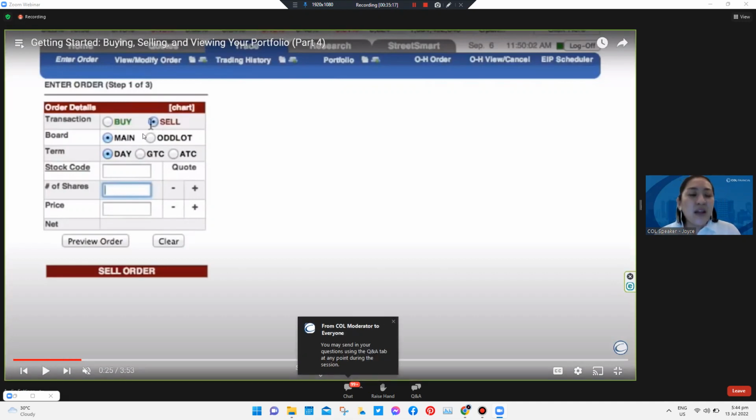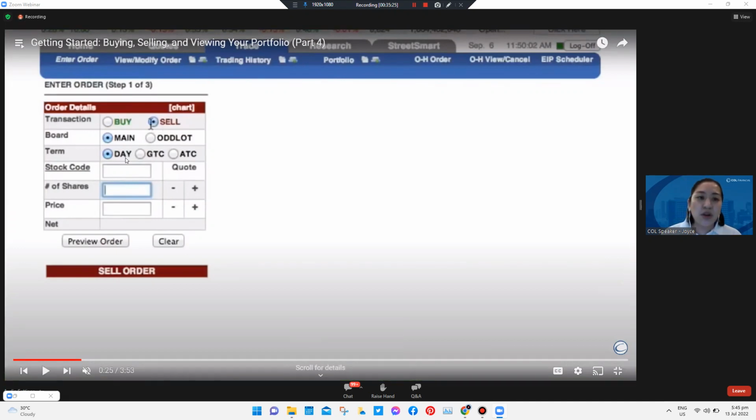Now, default usually is what we call the main board. That means you will be buying or selling within the board lot. So if Metrobank has a board lot of 100, that means you'll be trading 100 shares here, or in every increment of 100. Just in case you were able to buy just one share of Metrobank, just click the odd lot here so that you can trade that one share.